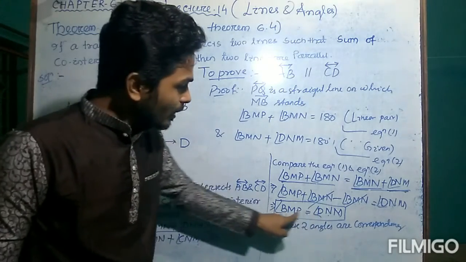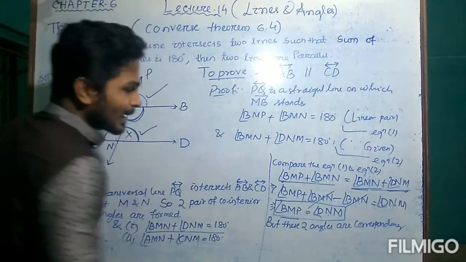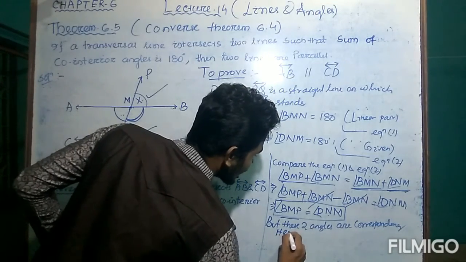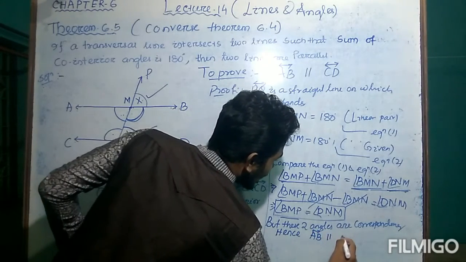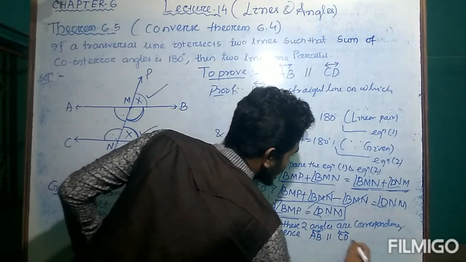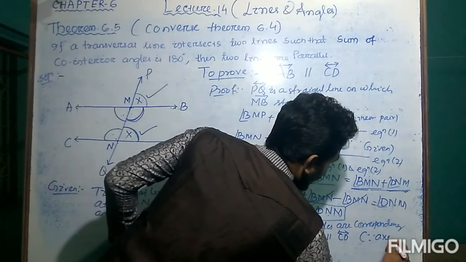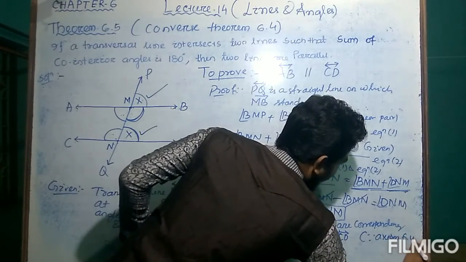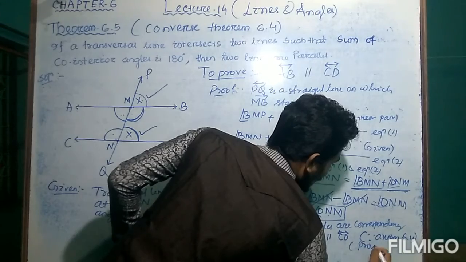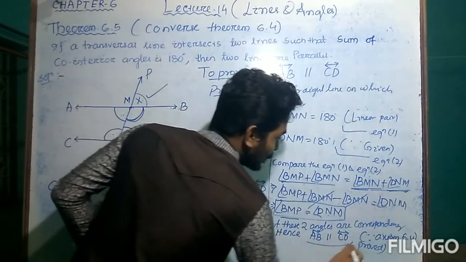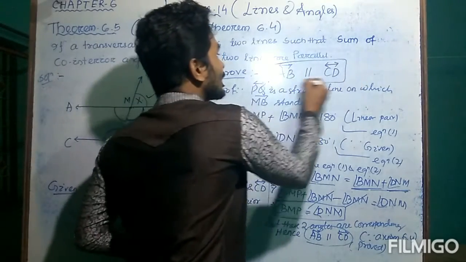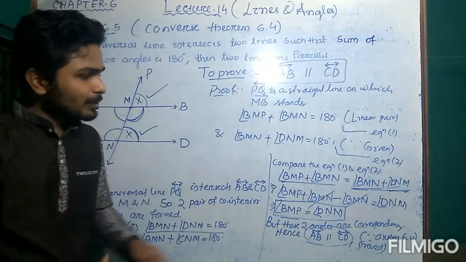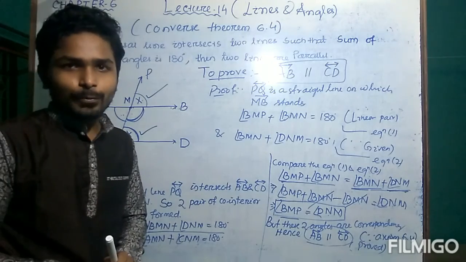Since we find that the corresponding angles are equal, we can write: hence the line AB is parallel to the line CD due to axiom 6.4. Hence it is proved. We needed to prove the line AB is parallel to CD and we proved it by using the axiom number 6.4.